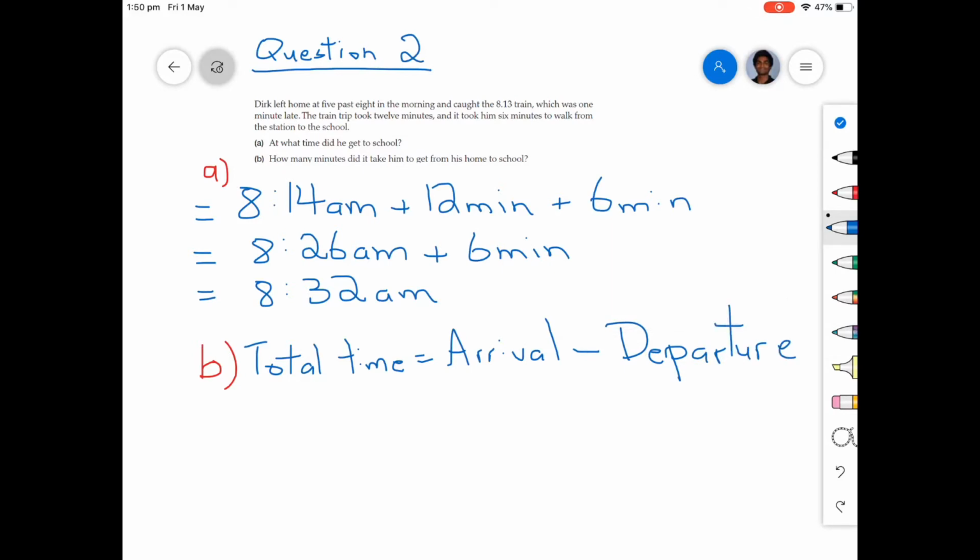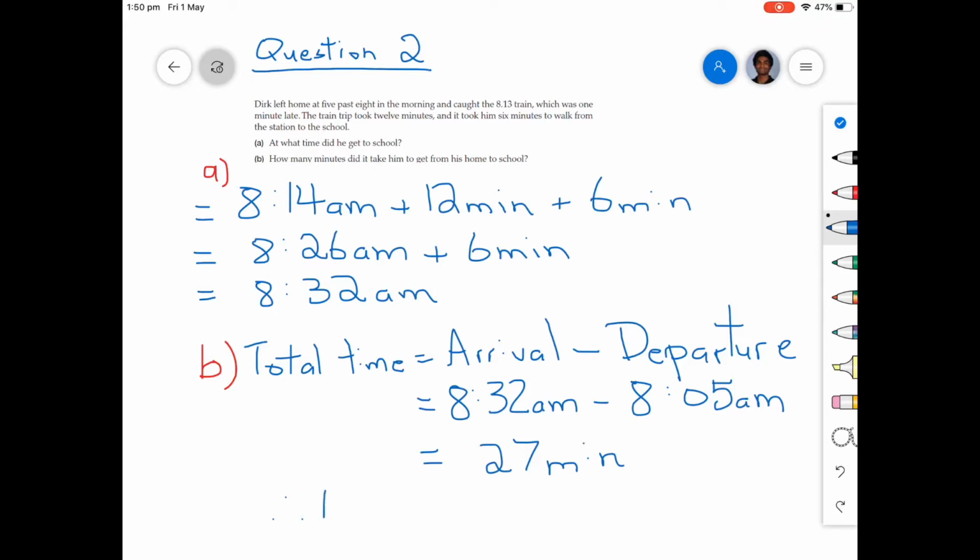So he arrived at 8:32 a.m. and he left at 8:05 a.m. And the time difference there is 32 take away 5, and so we know that it took him 27 minutes to get from home to school. And of course what we can't forget is our therefore sentence at the end.